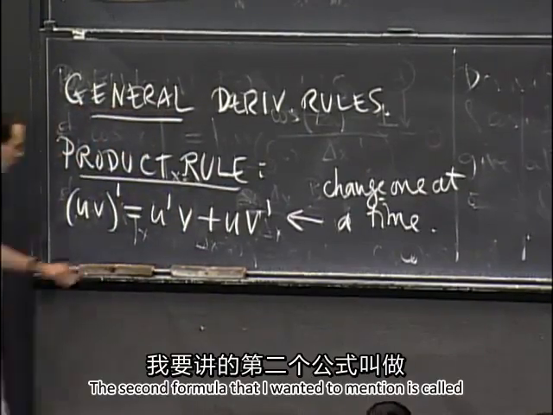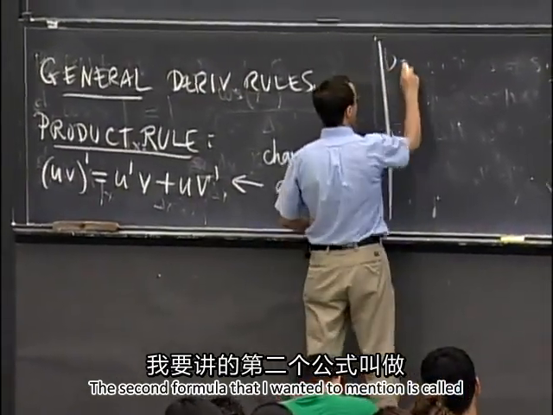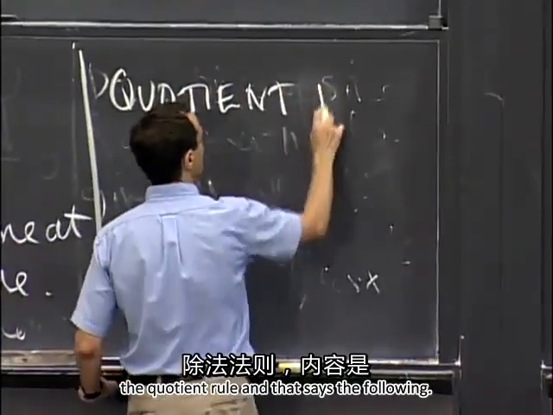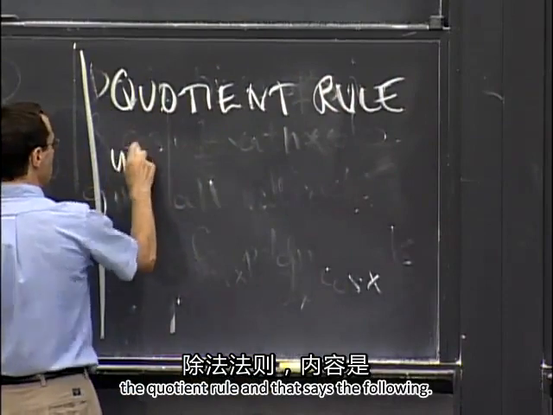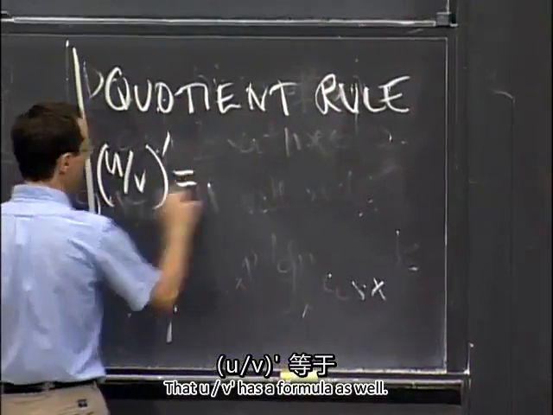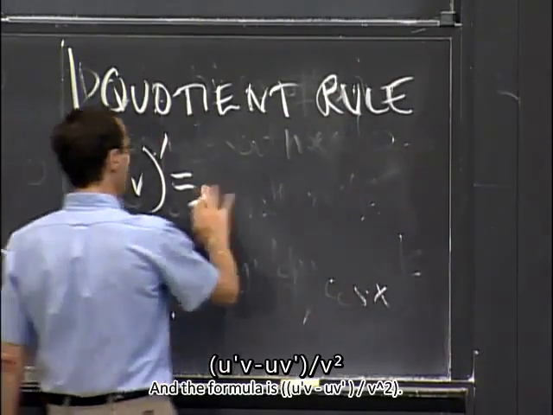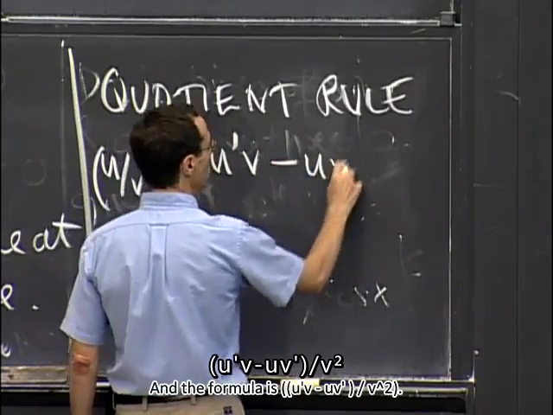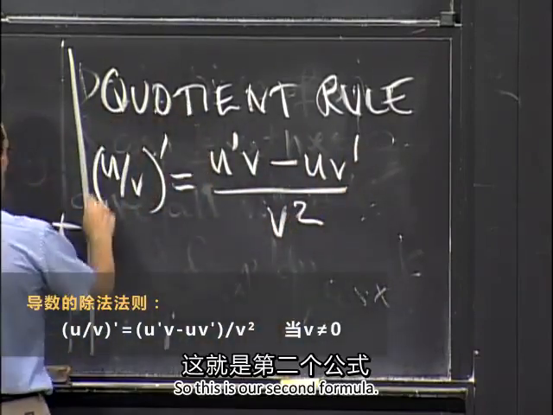The second formula that I wanted to mention is called the quotient rule. And that says the following, that (u/v)' has a formula as well. And the formula is (u'v - uv')/v^2. So this is our second formula.